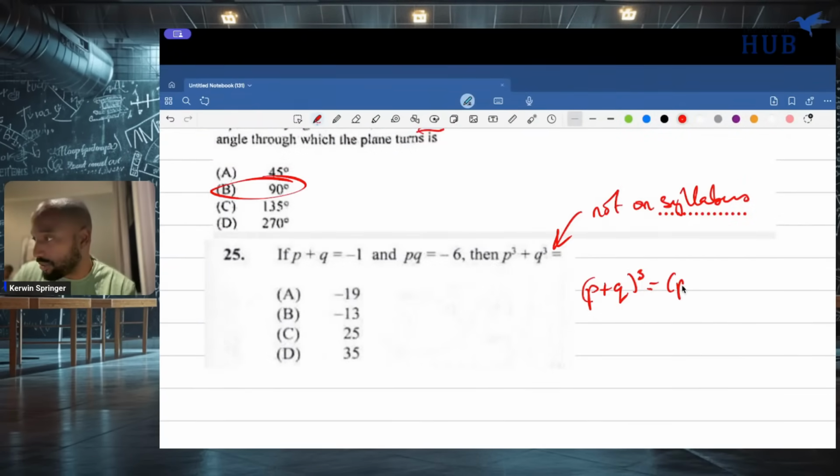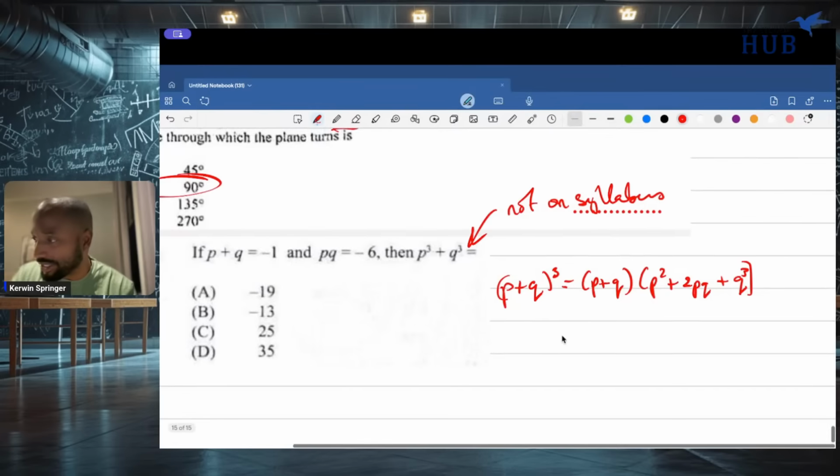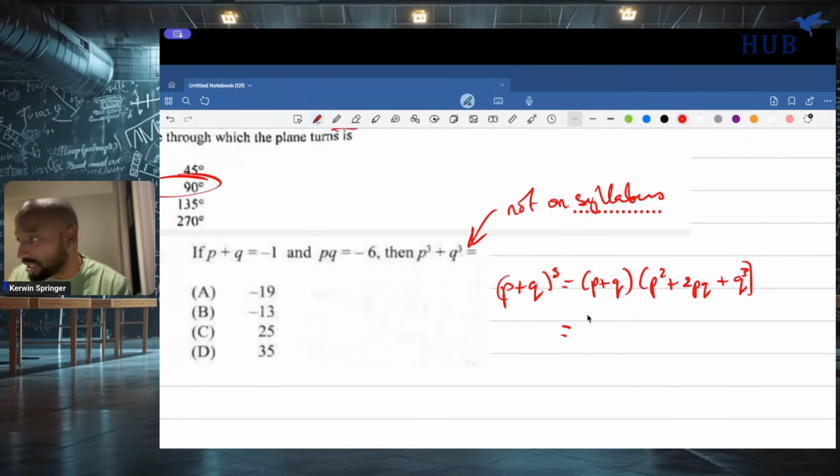You'll have P plus Q times P squared plus 2PQ plus Q squared. It's going to be a little long, a little tedious, but whoever decided to throw this question out here, it's a disgusting question.